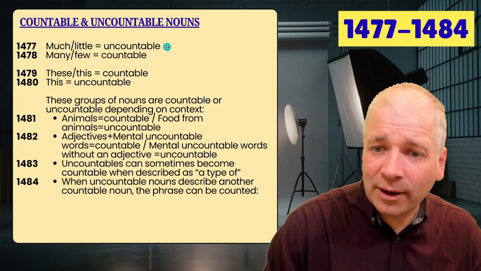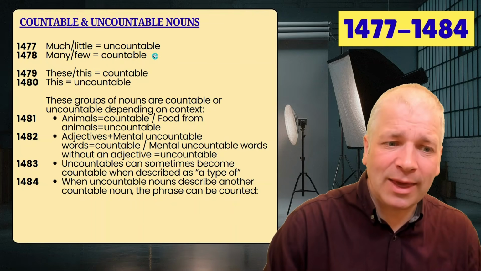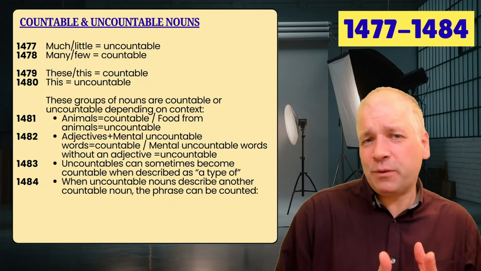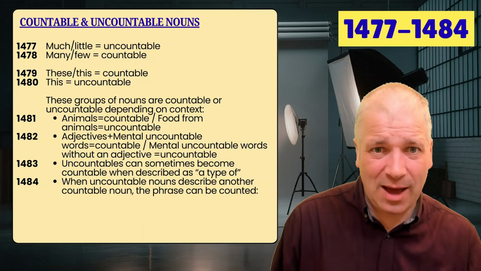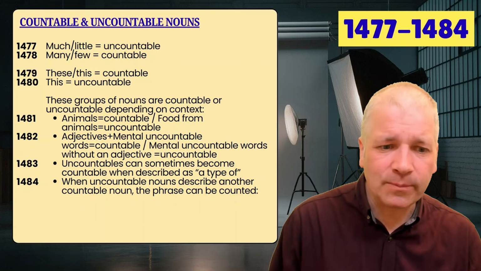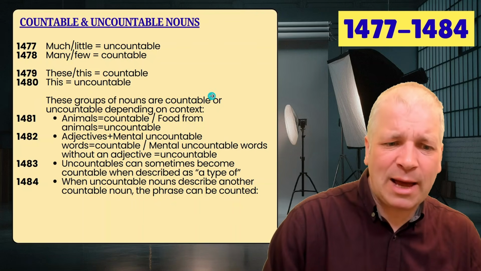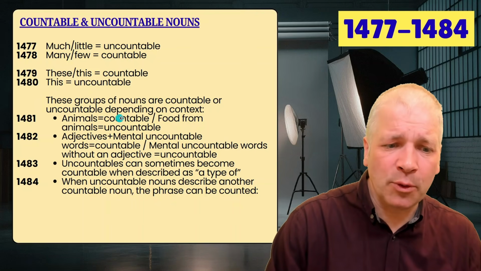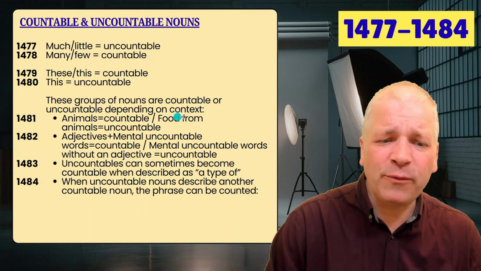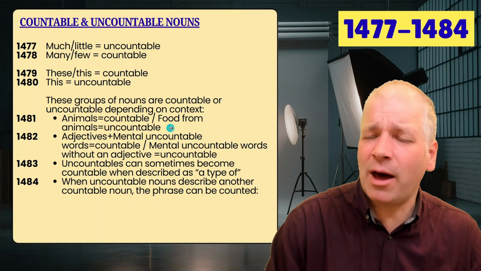Much and little are uncountable, whereas many and few are countable. Whilst these and this can go with countable nouns, only this can go with uncountables, not these. And the following groups of nouns are countable or uncountable depending on context. Animals are countable, but if you talk about the food from animals, it's uncountable.